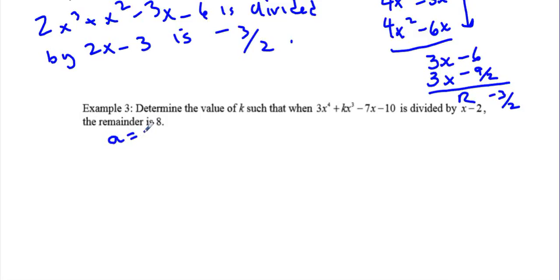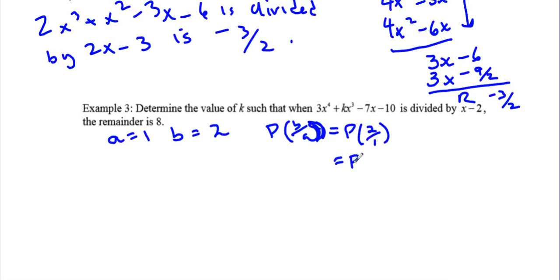Okay, so we know that our a is 1, and our b is 2. Sorry, P of b over a is P of 2 over 1, which is just P of 2. So what is P of 2? Well, let's just write P of x first.